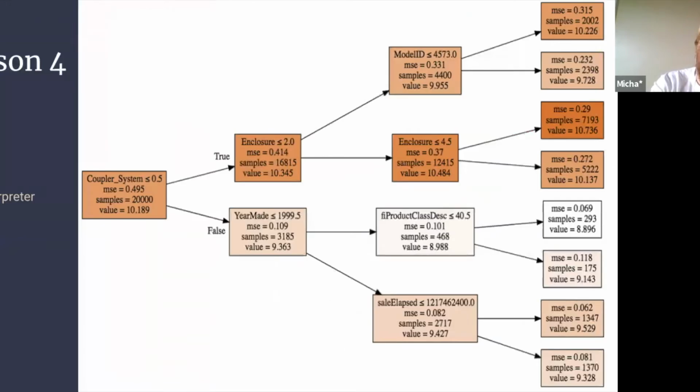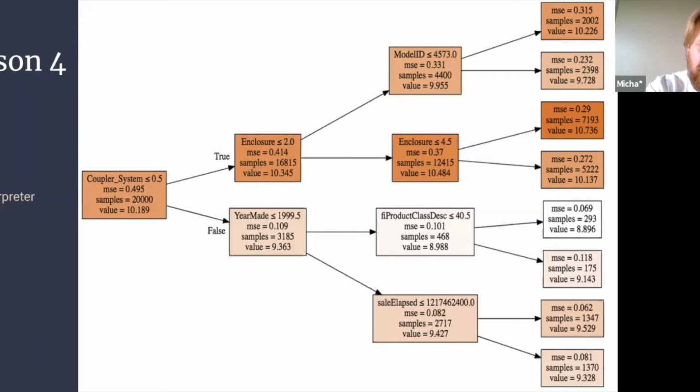Right, and also he showed how to interpret the tree. I think he started that at the end of the lesson. He didn't finish that one. So basically, once you have all your trees, you can look at how each split affected your value, your mean, by adding and taking the average of those changes.